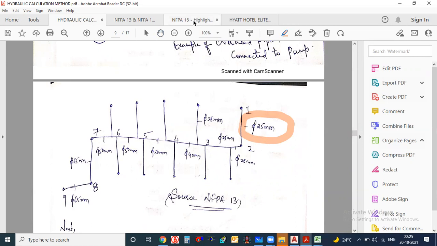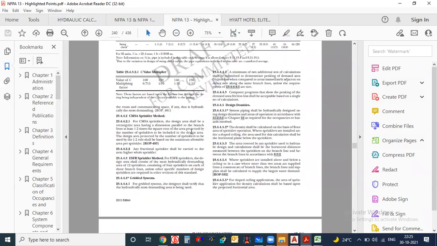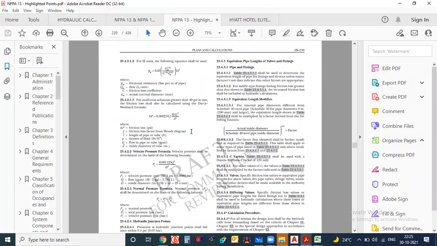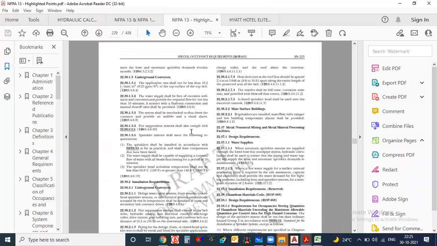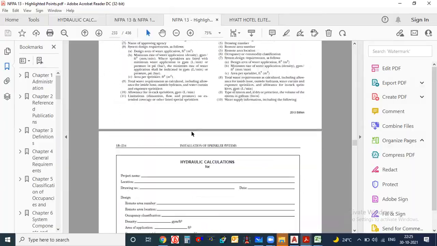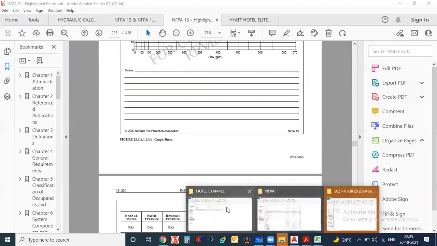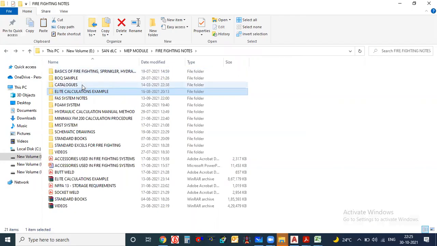How to go for the pipe sizing? Again, it is written here only. The pipe size is also given here, somewhere. This is the problem. You have to remember the points. That's why I will open that particular file.